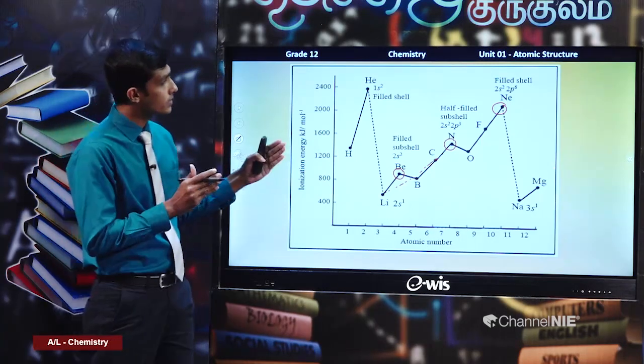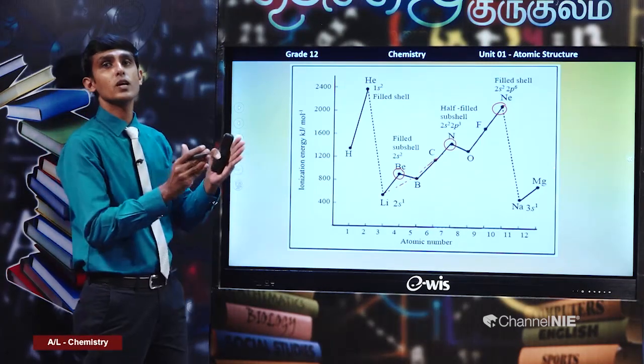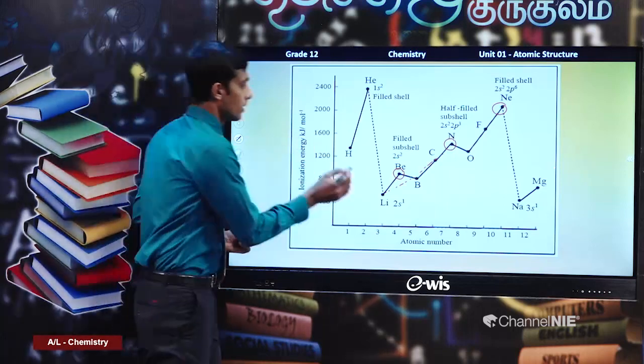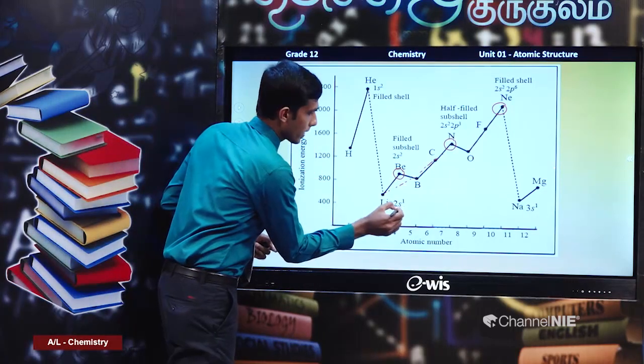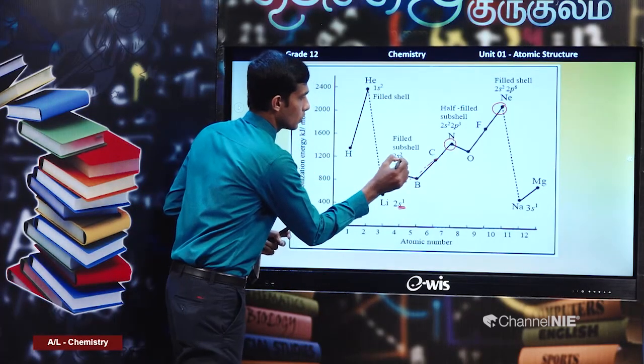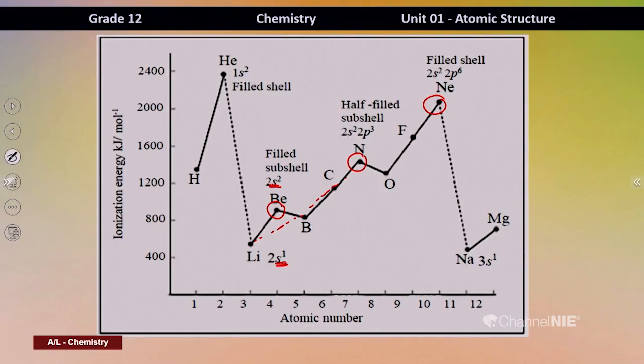So this can easily be explained from the electron configuration. Lithium configuration is 2s1, beryllium 2s2 and boron 2s2 2p1, carbon 2s2 2p2, nitrogen 2s2 2p3, oxygen 2s2 2p4, fluorine 2s2 2p5, neon 2s2 2p6.